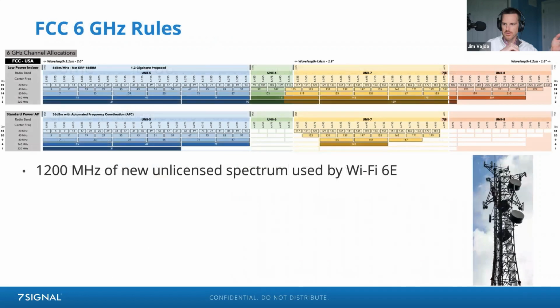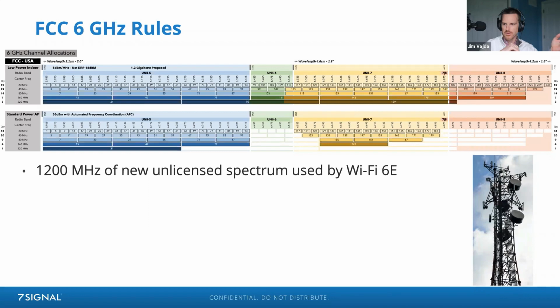So let's talk about what we're doing in the 6 gigahertz band with AFC. We're leaving all the DFS stuff behind, and we've got this brand new 1200 megahertz of unlicensed spectrum that the FCC has made available here in the US. Other regulators have made available some or all of it in other areas.